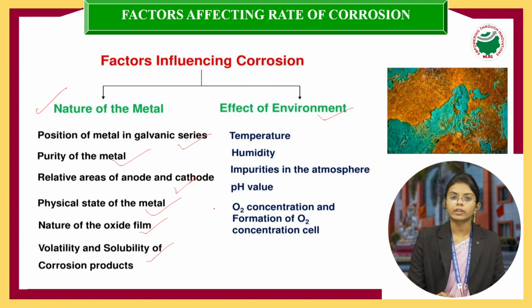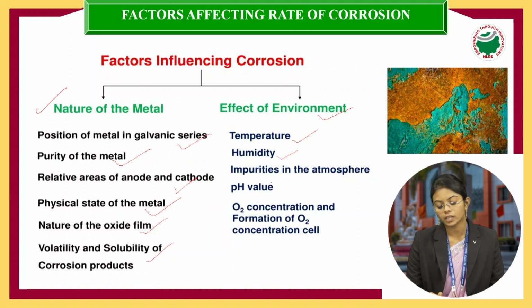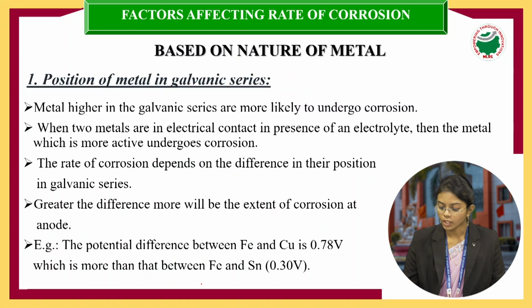Coming to the effect of environment, we have temperature, humidity, impurities, pH value, and oxygen concentration and formation of oxygen concentration cell. Now we'll see in detail what each factor that influences the rate of corrosion means.